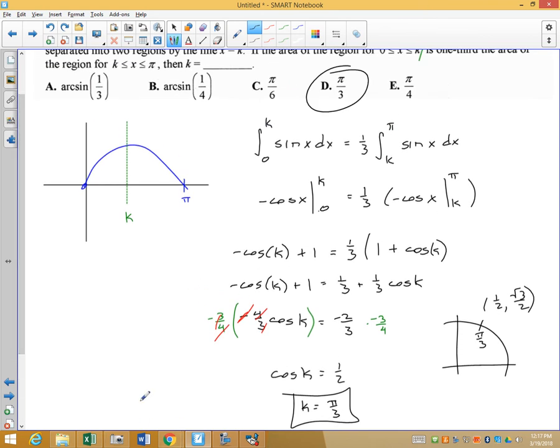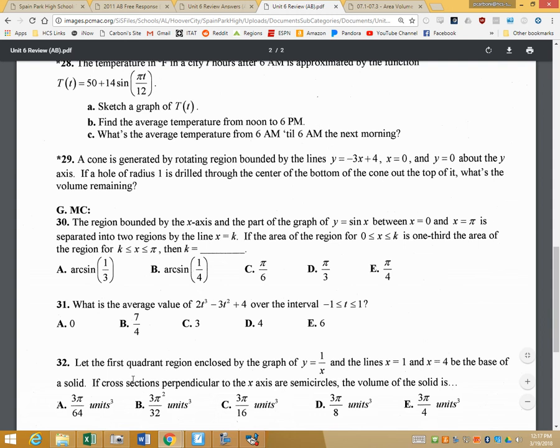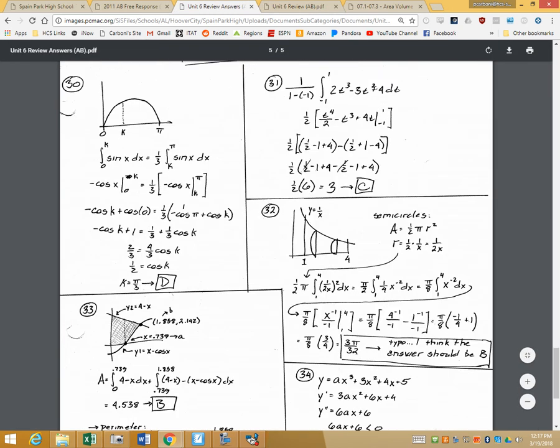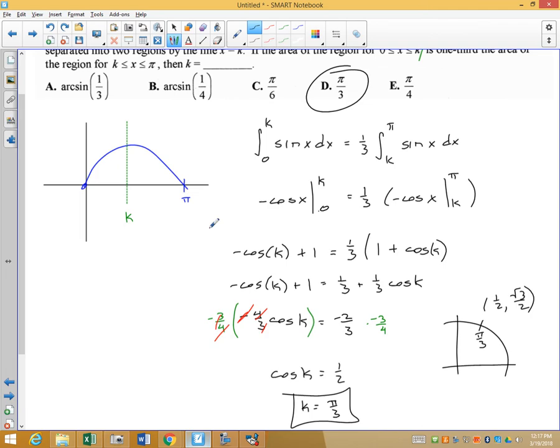I'm curious if the answer is correct on my answers. Let's see. What number was that, 30? These answers are so old. Number 30. No, I had it right. I think the options for A and B should have been arc cosine instead of arc sine, so it ended up not mattering.